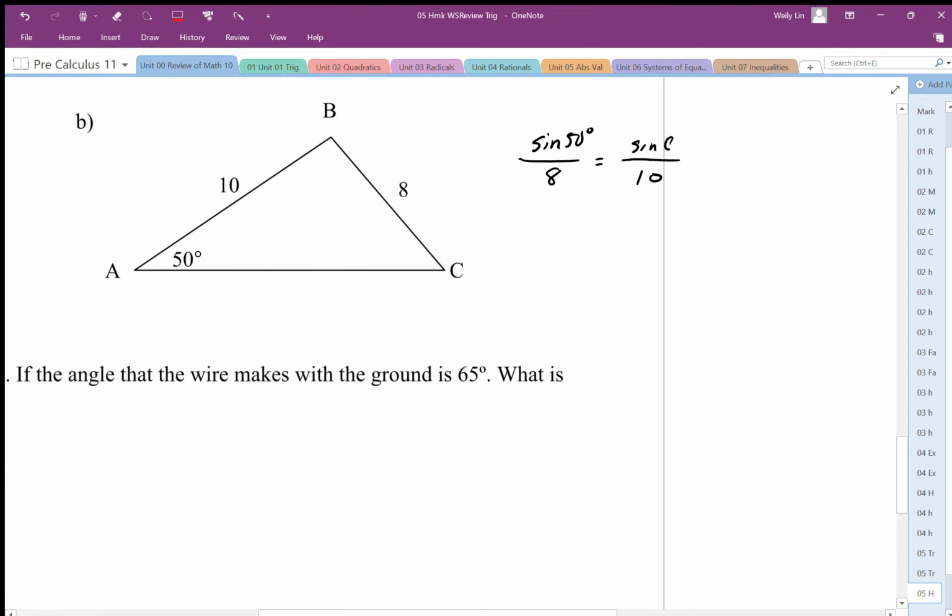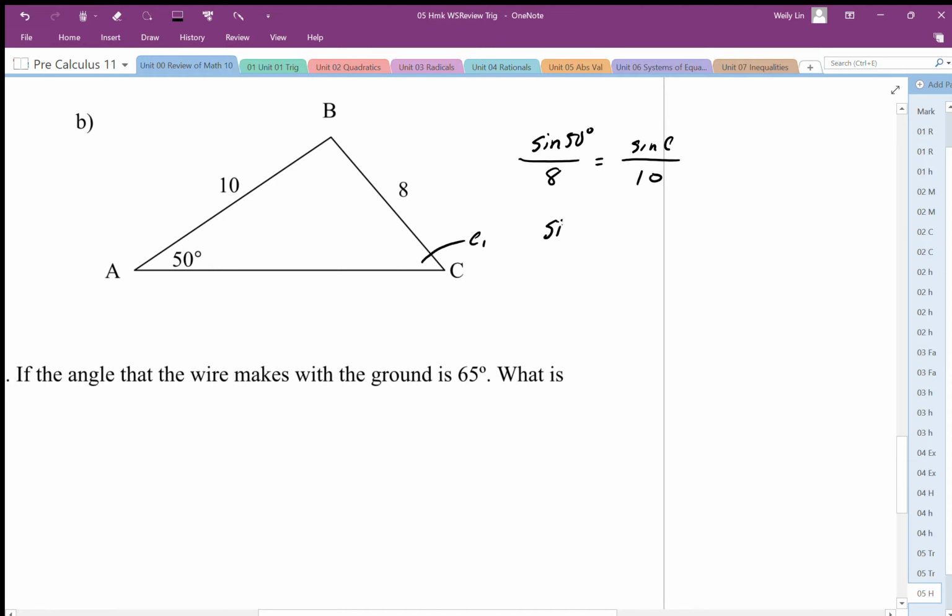So we're going to first start off with this triangle here. We're going to solve for the angle and see what angle we come up with. So I'm going to set up the sine ratio. I have sine 50 over the opposite side length 8, and then we're going to set it up as sine C over the opposite side 10. And what we'll end up doing is we're going to solve for this angle, and we're going to call that C1.